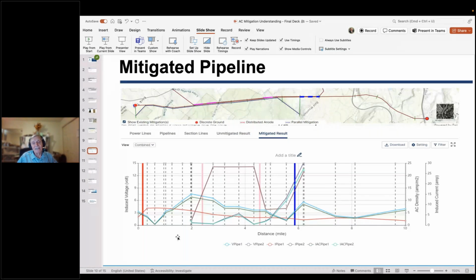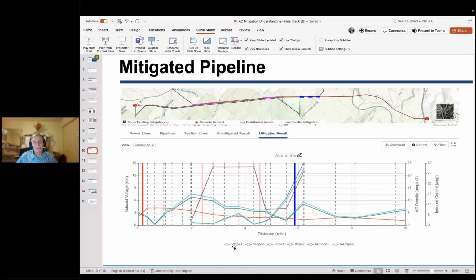What I'm saying is the flexibility is there to do different scenarios to come up with the most cost-effective way to mitigate as well as to bring the costs down too. I elected to use the distributed anodes. That's this guy right here, and here they are right here. So look what it did here, how it dropped everything.